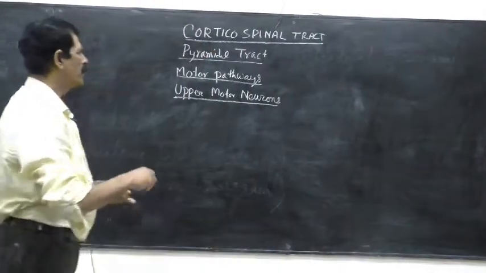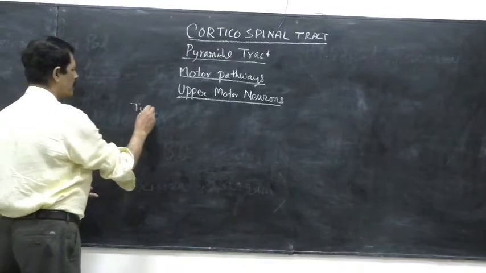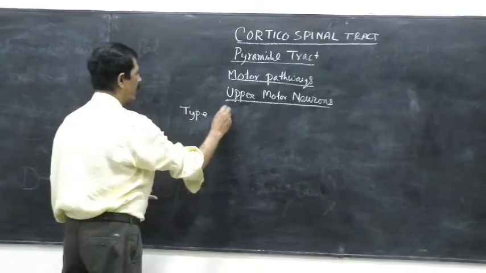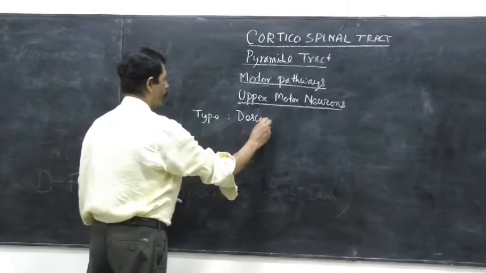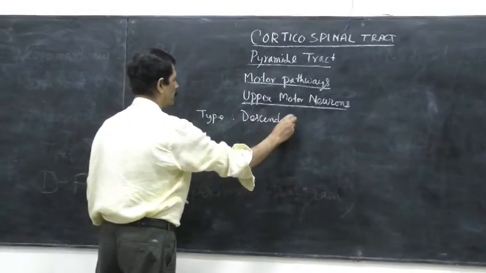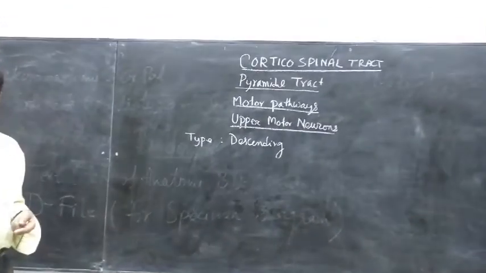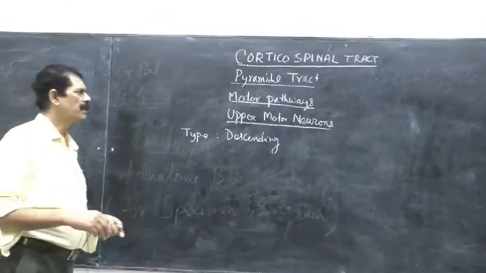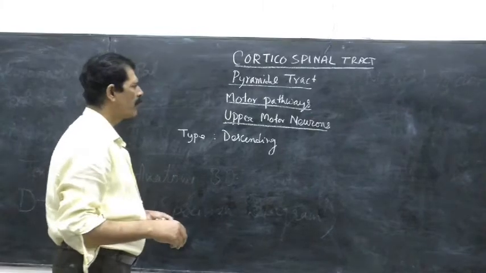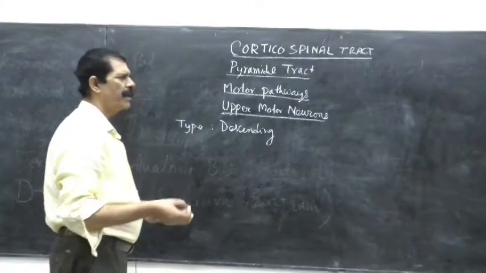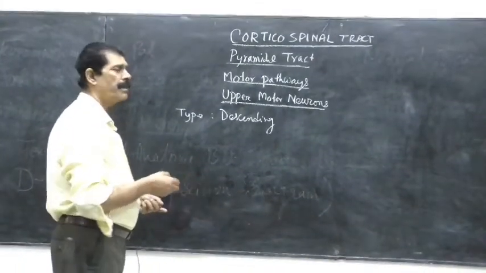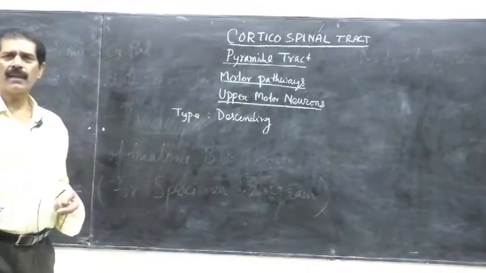So their type is descending. If they are descending, it means they have to terminate into some part of the spinal cord.